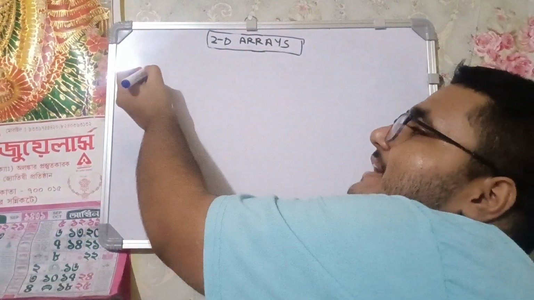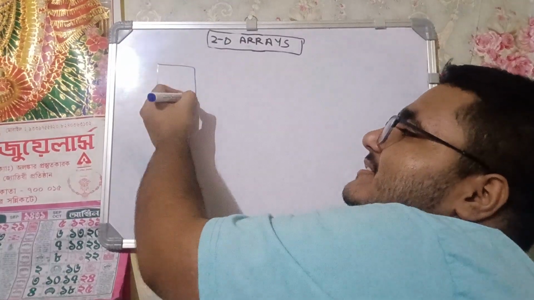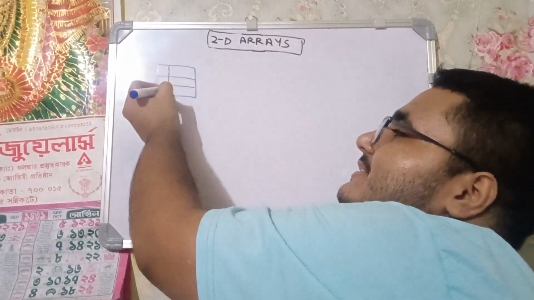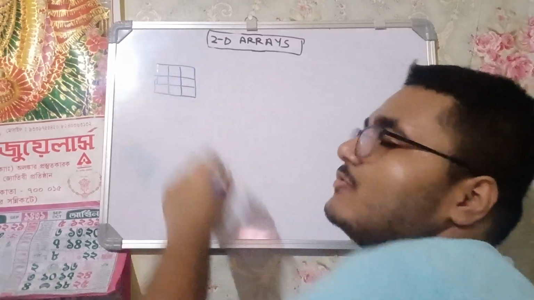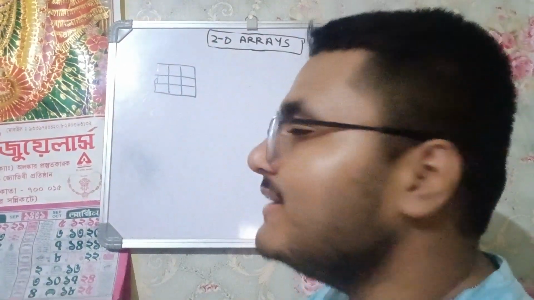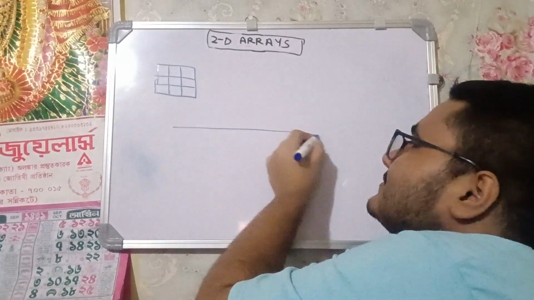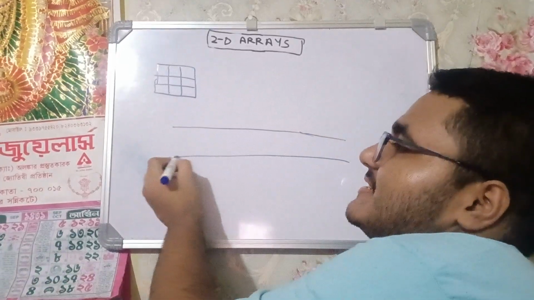So in case of 2D arrays, if I am drawing the structure of a 2D array, 3 rows and 3 columns, fine. Say this is a memory cell. This is a memory cell.